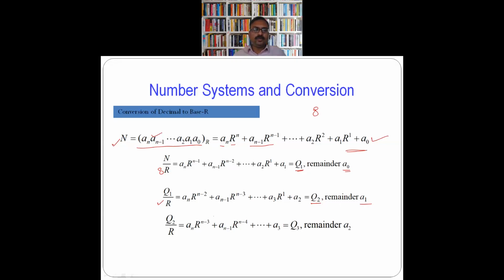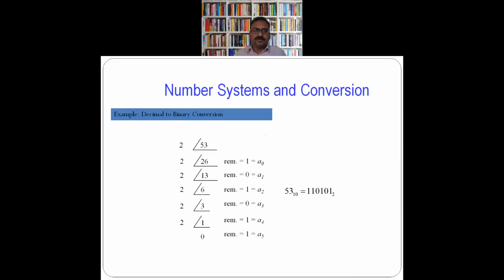Again you take q2 or quotient, divide with 8, you will get this remainder like this. Then you write the number a2, a1, a0, which is nothing but an octal number equivalent of this decimal number.